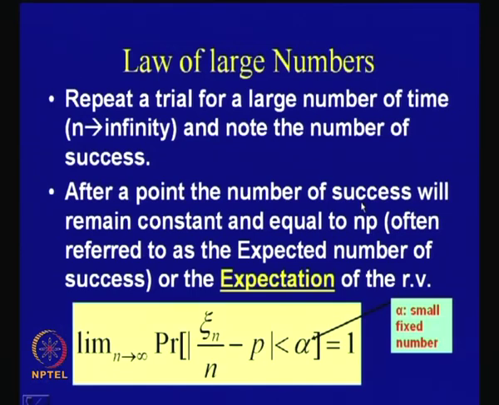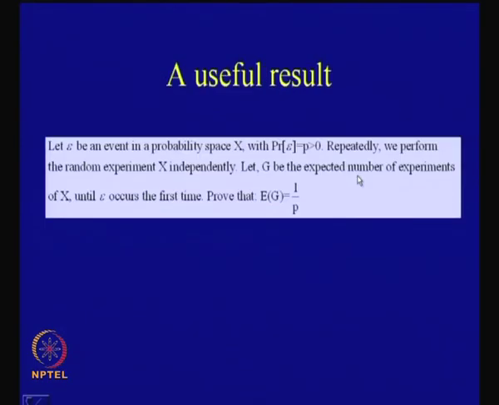Now this particular law and the concept of binomial distribution have a very important application in the field of cryptographic analysis. So for that, let us consider this particular result. It says that let epsilon be an event in a probability space X with the probability of epsilon equal to p, and p is greater than 0.